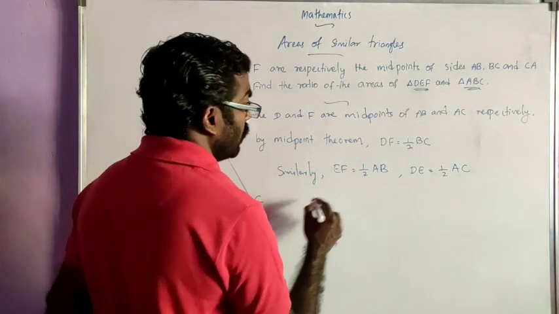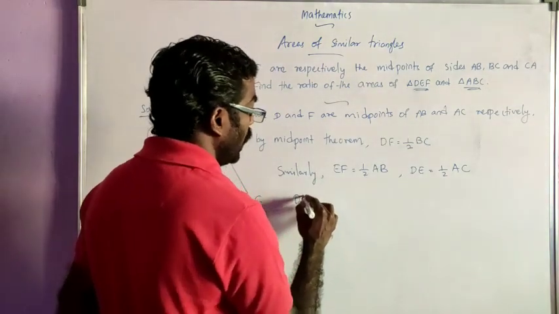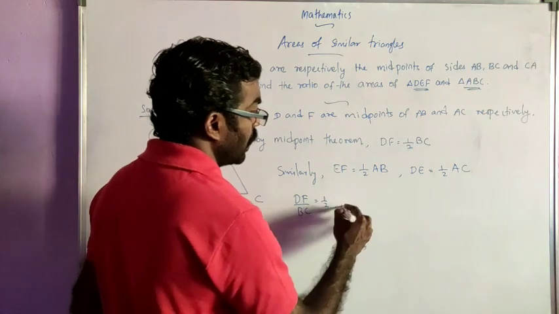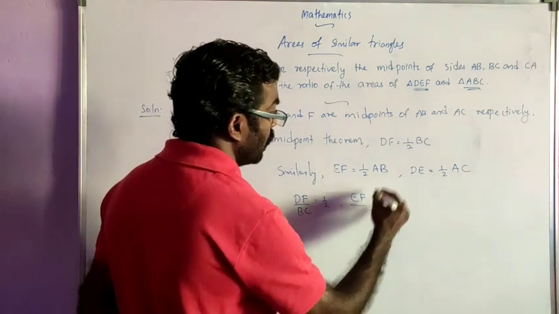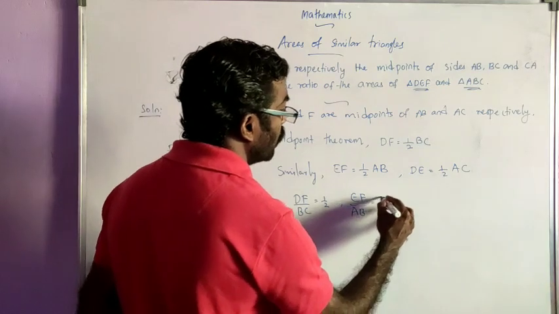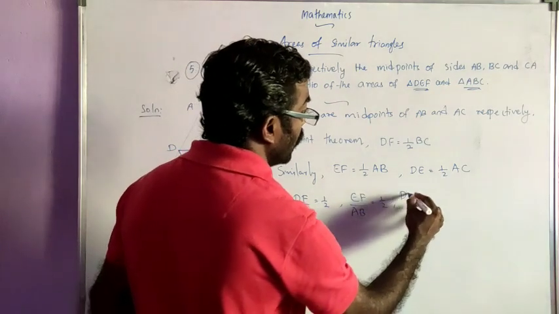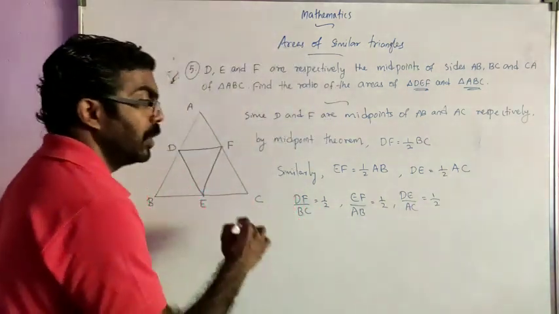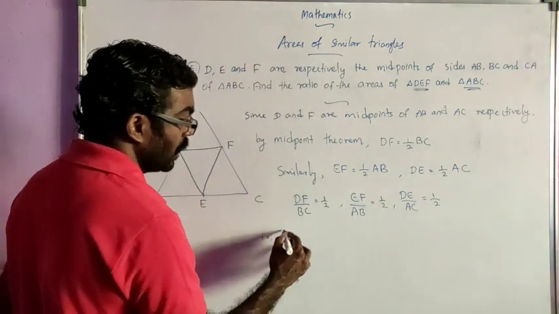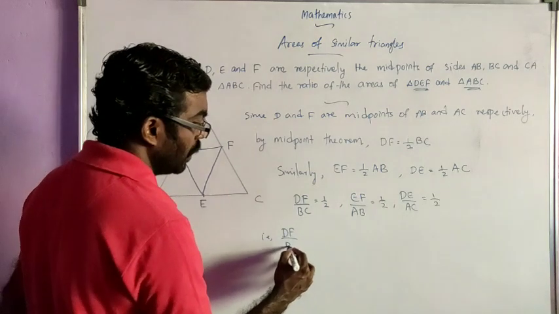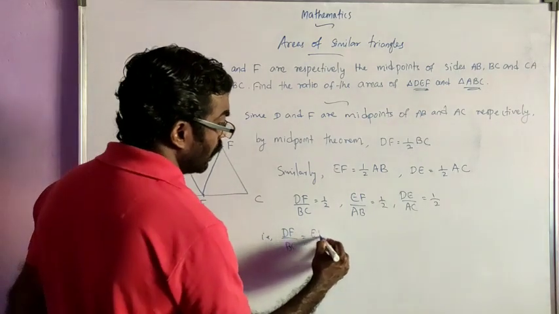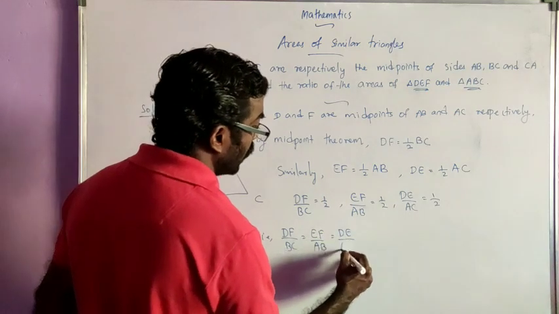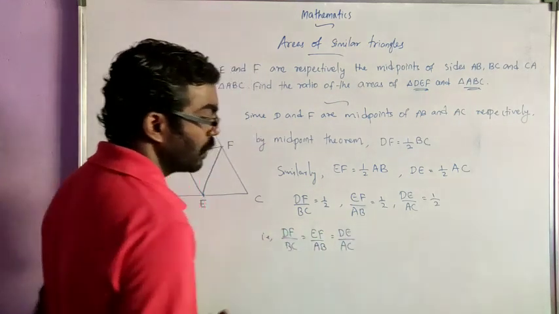From this we can take the ratio DF by BC equal to 1 by 2, then EF by AB equal to 1 by 2, and DE by AC equal to 1 by 2. That means all are equal: DF by BC equals EF by AB equals DE by AC, all equal to 1 by 2.